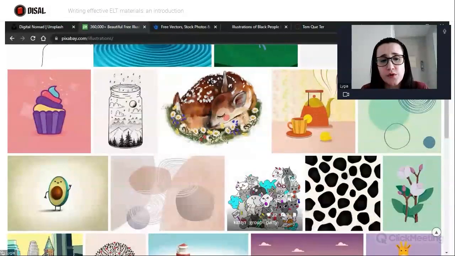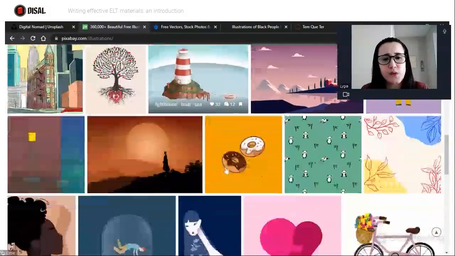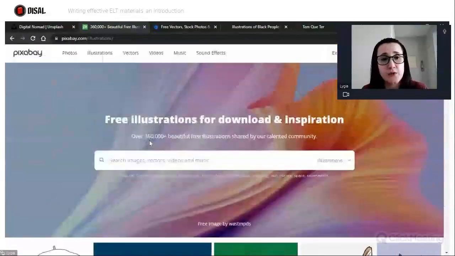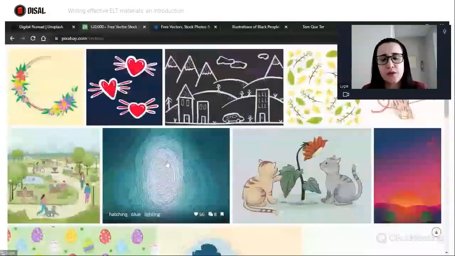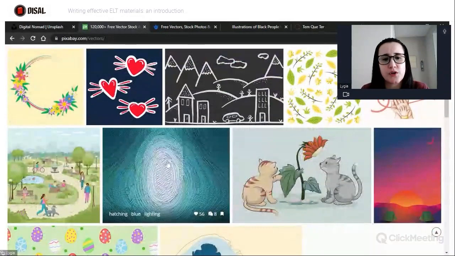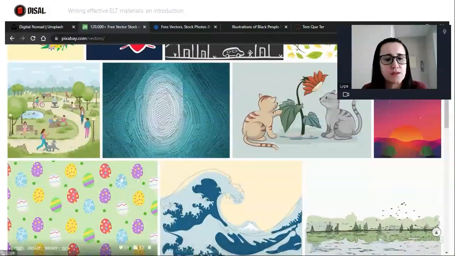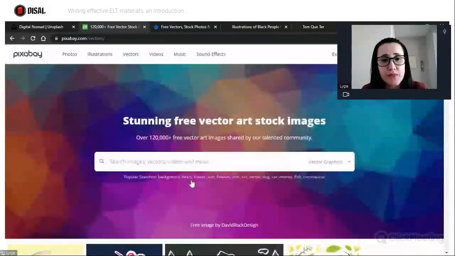So if you're working with younger learners, you might want to choose some illustrations for your materials. There are also some vectors here, these images with bold colors, which are created based on lines and circles, etc. They might be useful as well. This is also free, by the way.